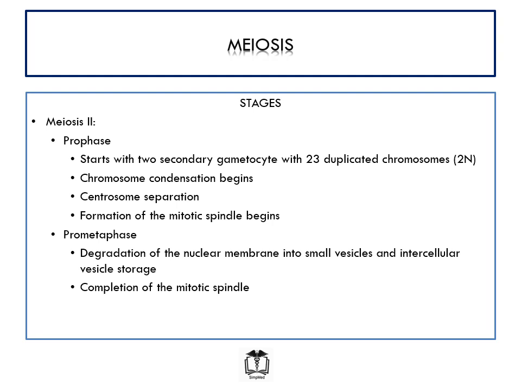Then from there we go to the prometaphase stage, which is just a transition from the prophase stage to the metaphase stage. That one involves the degeneration of the nuclear membrane into small vesicles and intracellular vesicle storage, and then finally the completion of mitotic spindle formation. And the difference between prophase 1 and prophase 2 is the fact that in prophase 1 we have the synapsis of homologous pairs and the crossing over of the genetic segments.